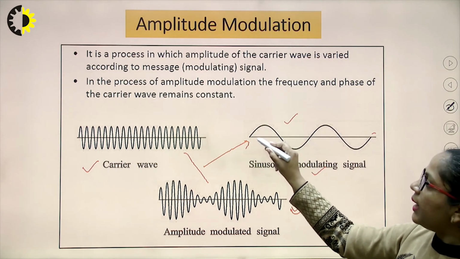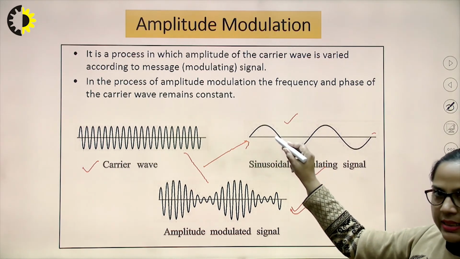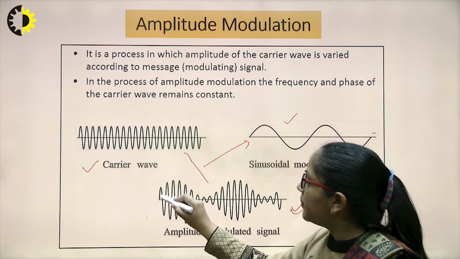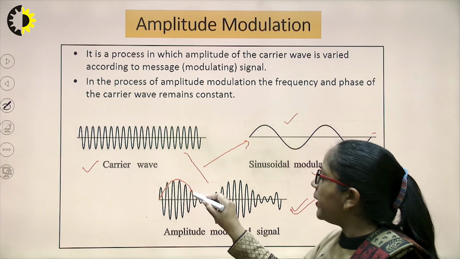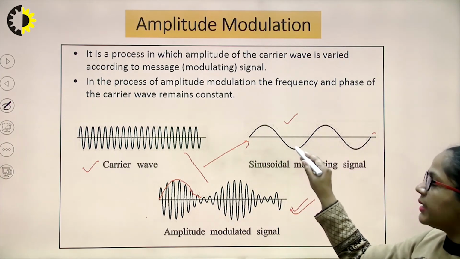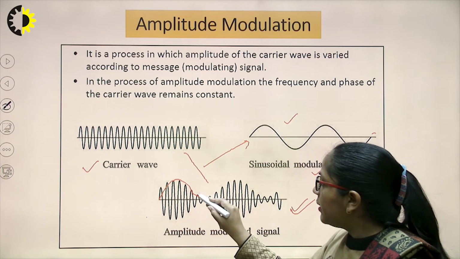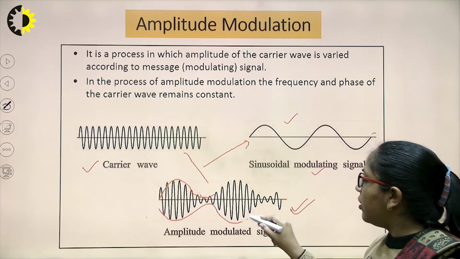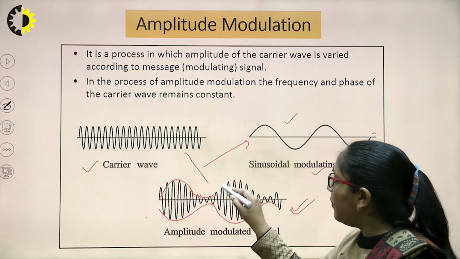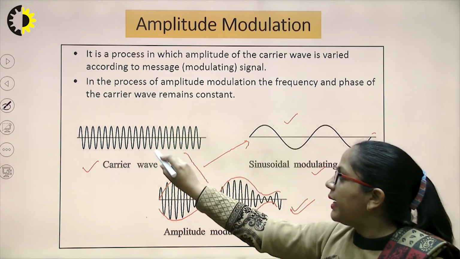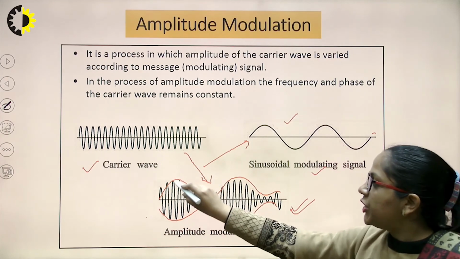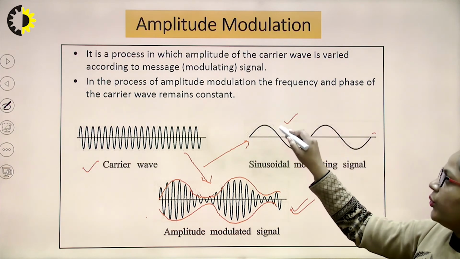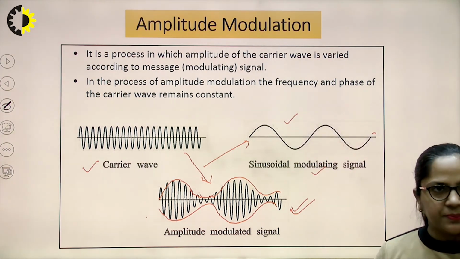The moment the amplitude of my message signal is increasing, the amplitude of my carrier signal is also increasing. The moment the amplitude of my message signal is decreasing, the amplitude of the carrier signal is also decreasing. So the amplitude of my carrier signal is changing according to the instantaneous amplitude of the message signal.